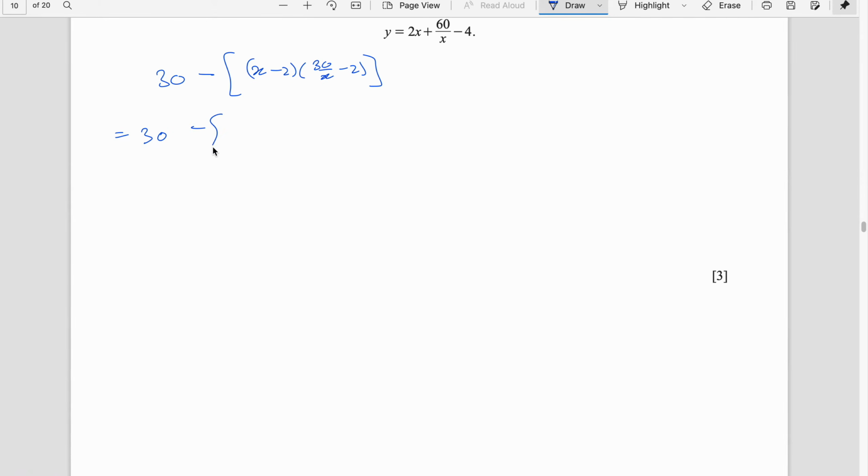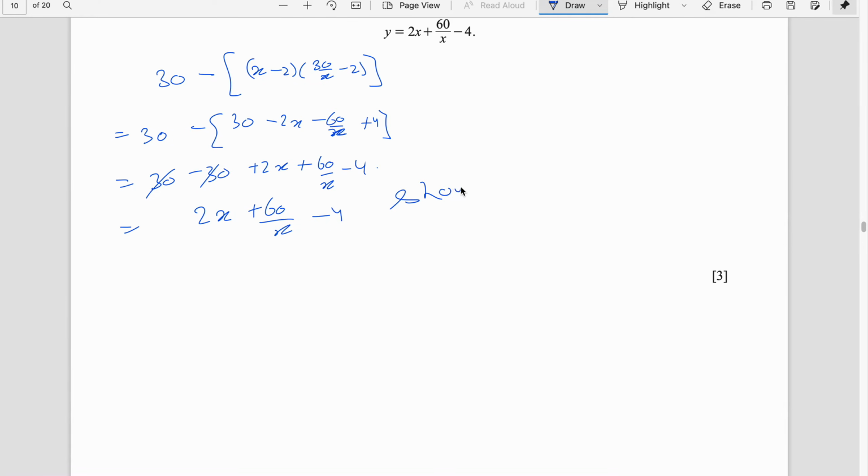That is 30 minus x times this, which is 30 minus 2x minus 60 by x plus 4. We keep on simplifying. Minus minus is minus 30, minus minus is plus 2x, minus times minus is plus 60 by x, and minus times plus is minus 4. And finally 2x plus 60 by x minus 4, shown.